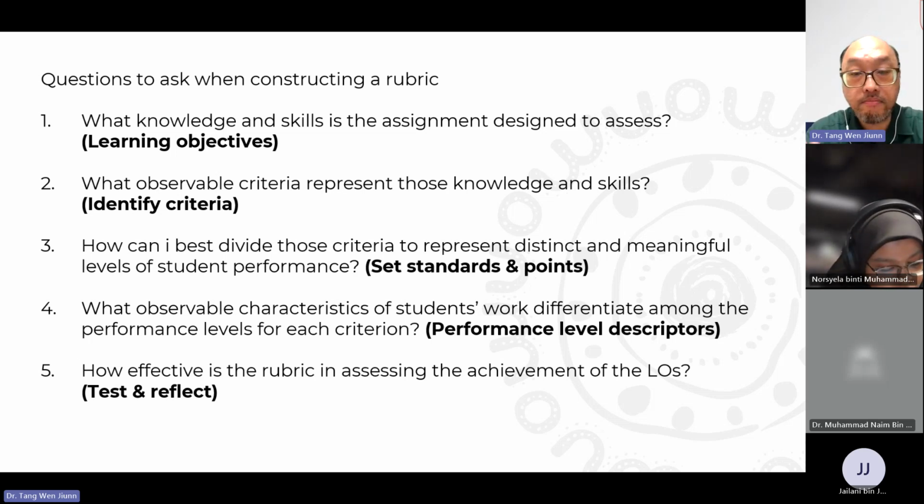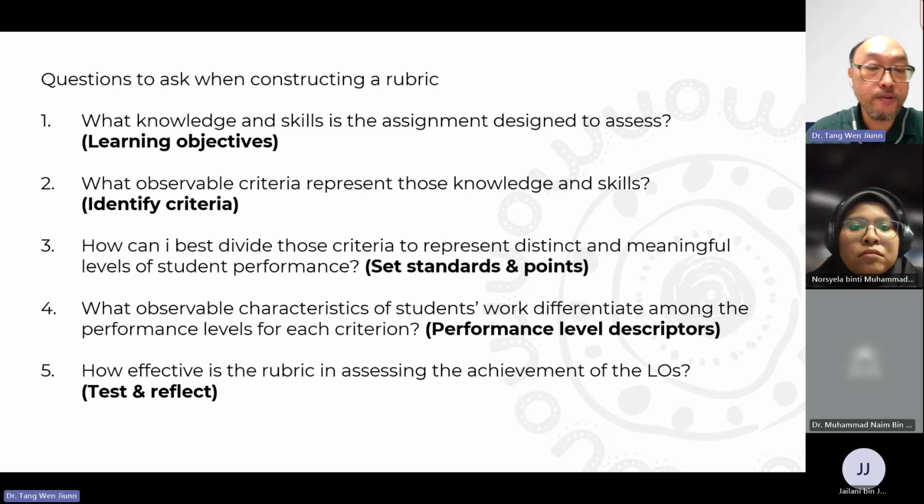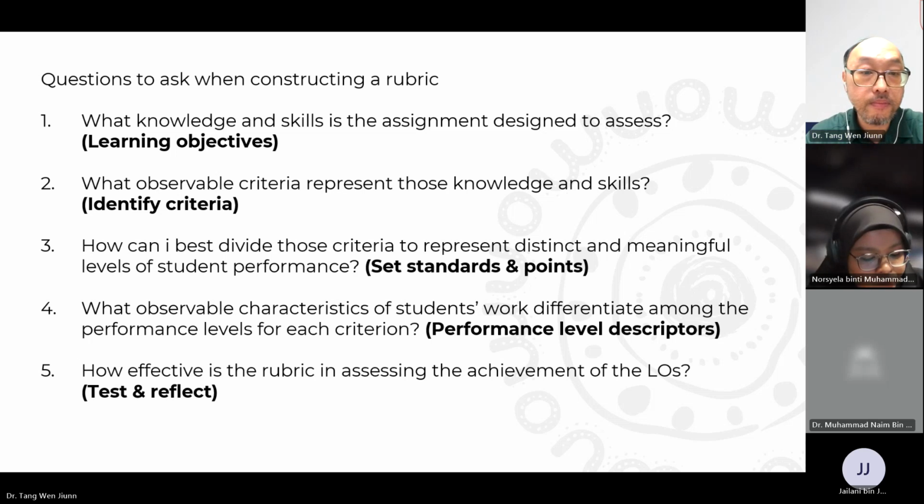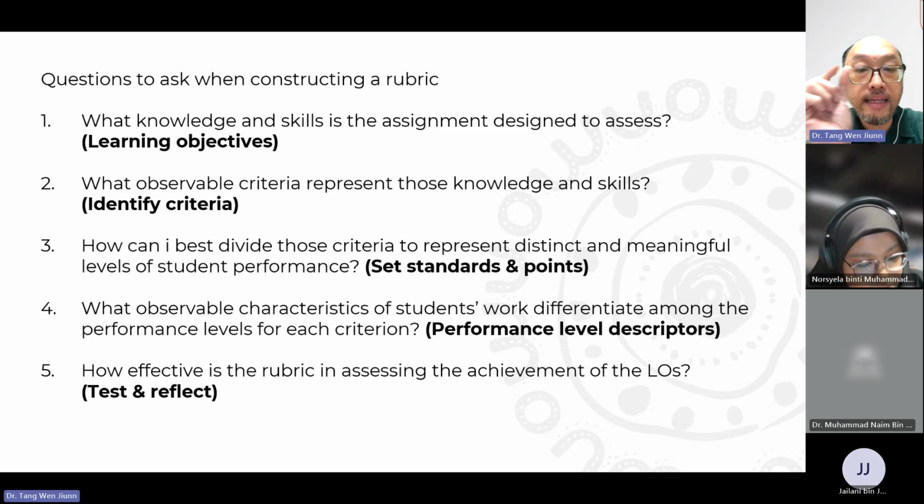Is it 4 levels or 5 levels, and how many marks in each level? And what are the criteria in every measurement there? What will be the description? What is the description for good? What is the description for excellent?